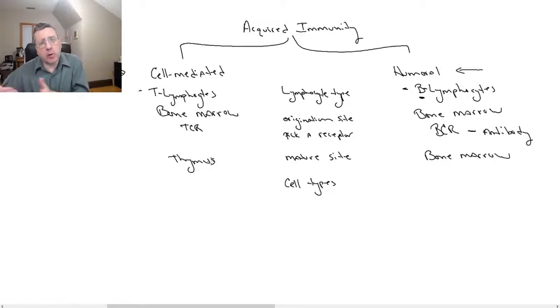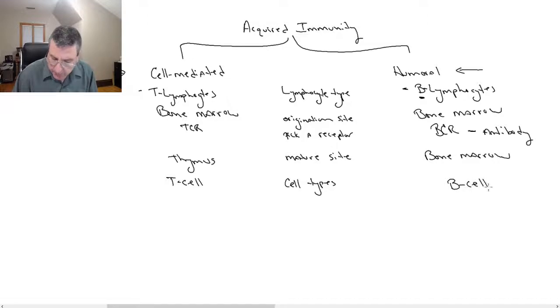B cells will end up being a couple of different cells as well. At this point, the T cell and B cell can't do anything. It's only after they're activated that they end up doing anything. But the T cell ends up differentiating into one of four different cell types.